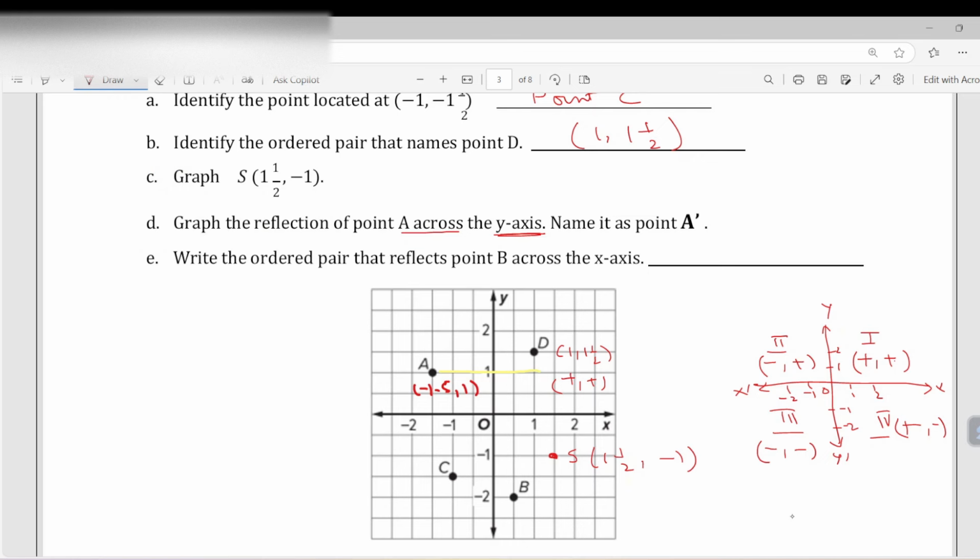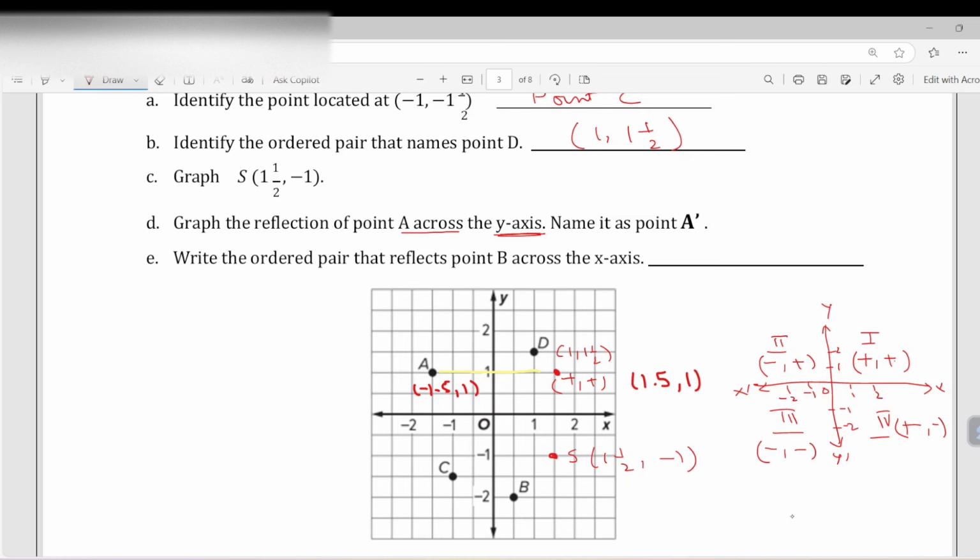Along this, the point will be 1.5 here. X will become plus, Y will be the same.